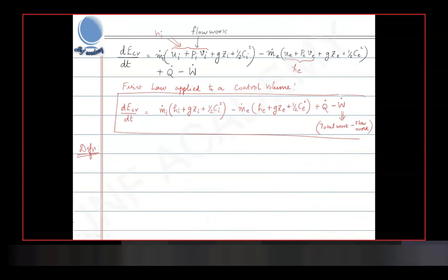Okay, now let me go to this definition of what is meant by a steady control volume. Can you say what is meant by a steady control volume? What does the word steady relate to? I think you are doing aerodynamics in parallel, correct? So what is a steady flow?